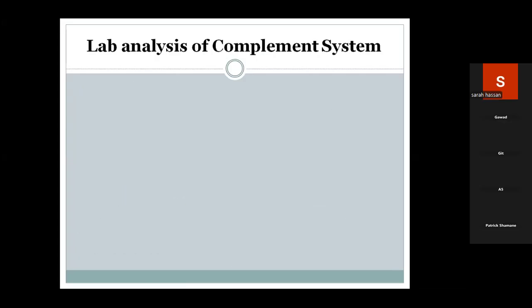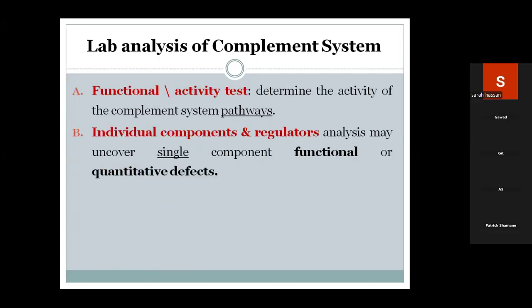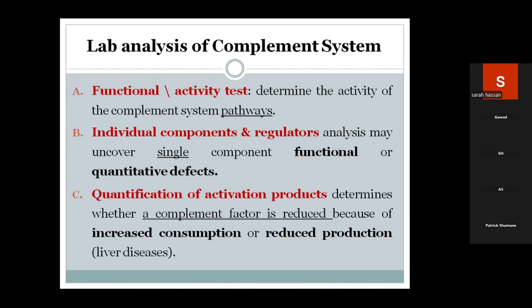Okay, the lab analysis will show the functional and activity tests for the complement pathway components. Individually, the components could be tested, and we could quantify these components and check their quantity or their activity. Generally speaking, these tests assess the ability of the complement system to induce lysis of RBCs.